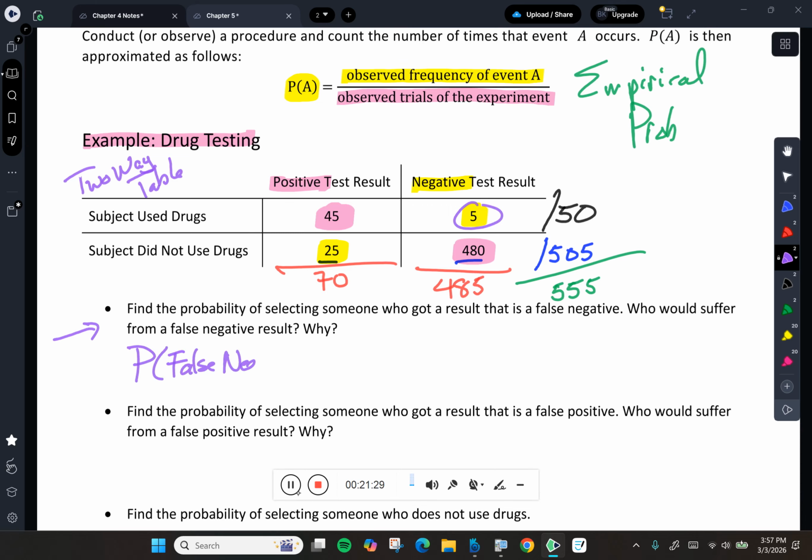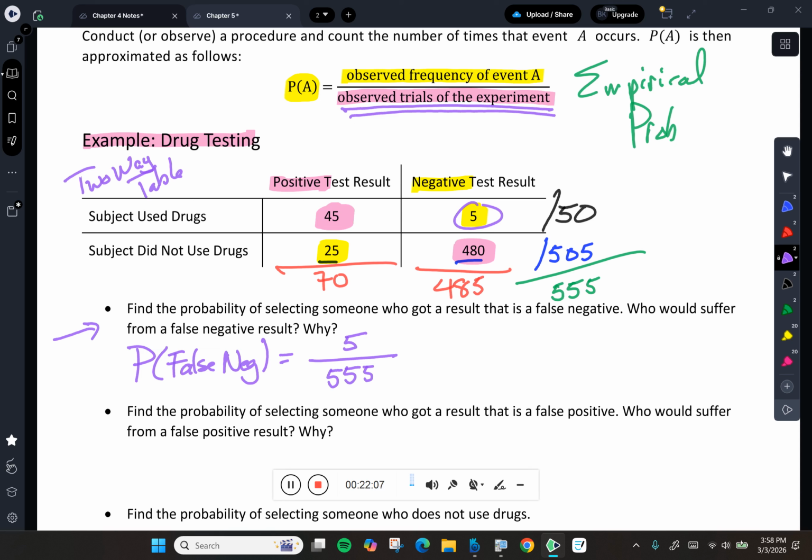And then how many people were tested? Well, the total number of individuals tested is 555. It's not the 480 who got the negative test results. It's not the 50 people who used drugs. It's 5 people out of everybody. The observed trials of the overall experiment, which is everybody who submitted for this drug test.